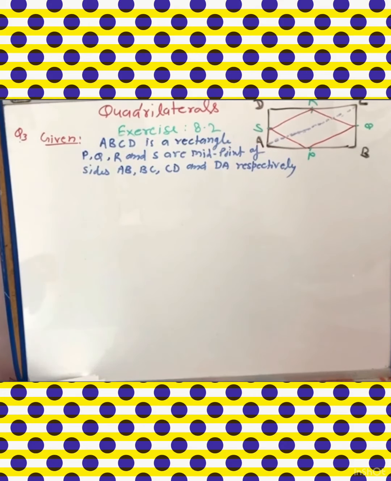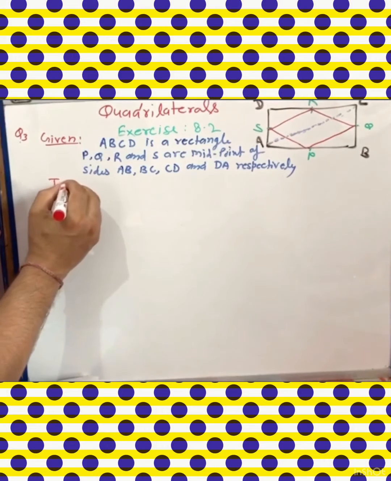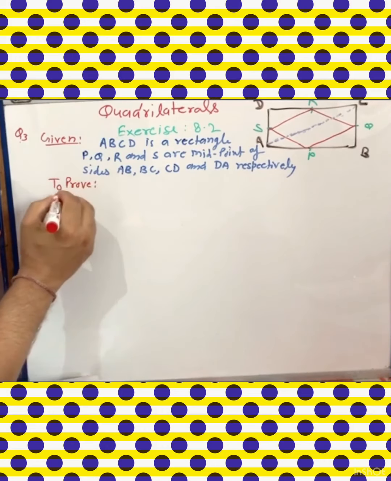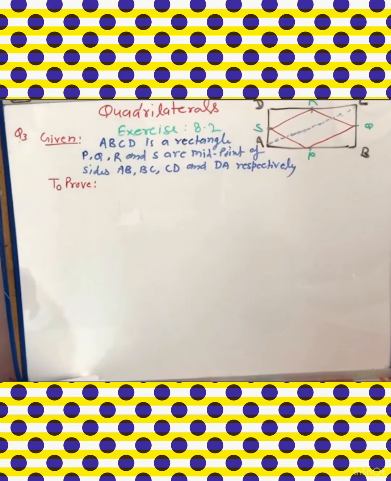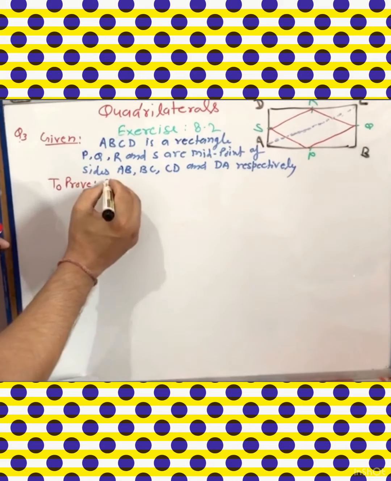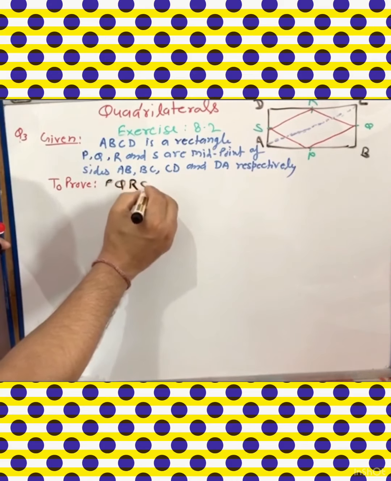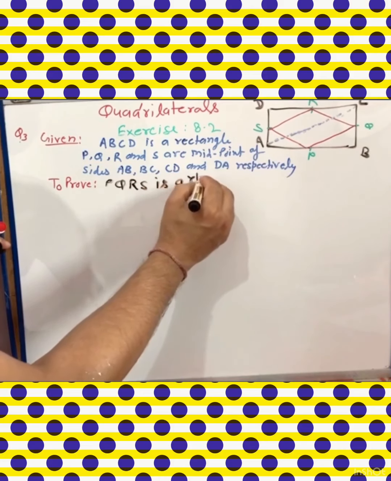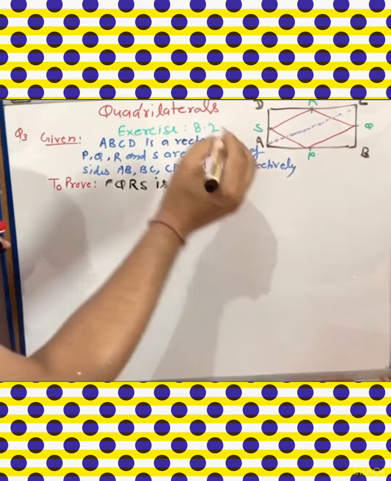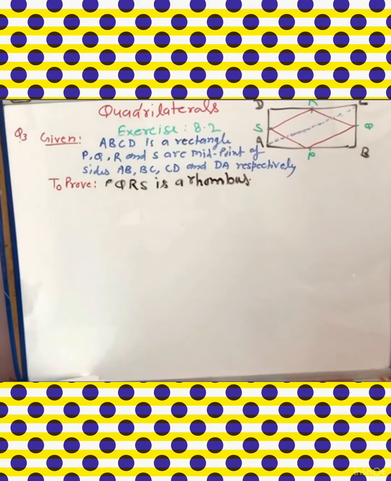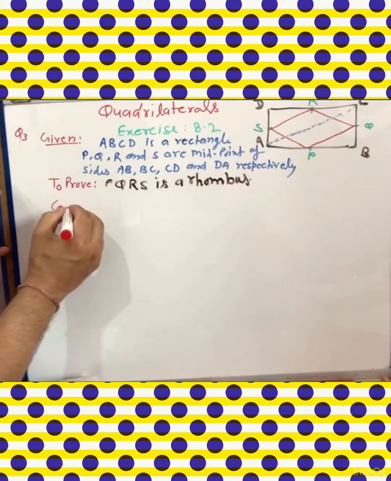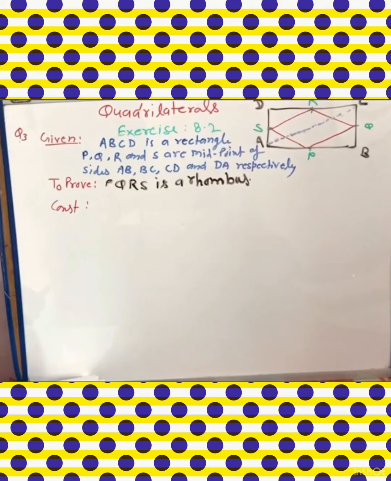So given, after that to prove here PQRS is a rhombus. Only these things are required. You can write the construction: join A to C.